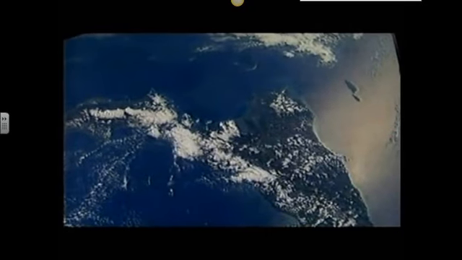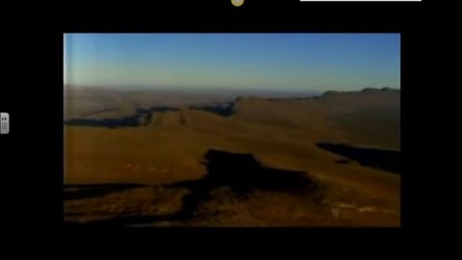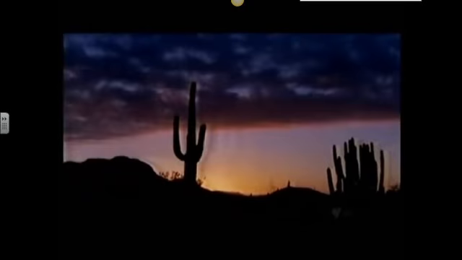But it's a delicate balancing act. If CO2 levels grow too high or too low, the climate spirals into chaos. Too much carbon dioxide and the planet warms, too little and it cools. Carbon dioxide is a very important gas. It's both our dilemma and our solution.